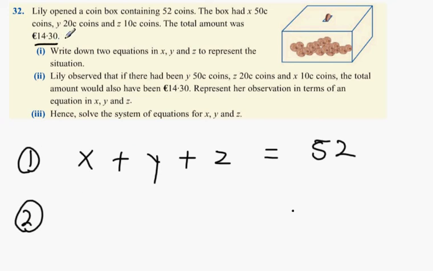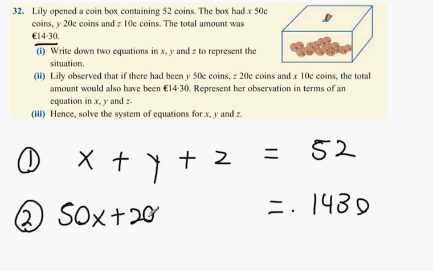Equation 2 is the total cost. Please remember that €14.30 is not in cents, it's in euros and cents. I'm going to convert that into cents so it's compatible with the rest of the question, because the rest of the question is in cents. Now, how much are the 50-cent coins worth? It's worth 50 multiplied by how many of them we have, which is 50x.